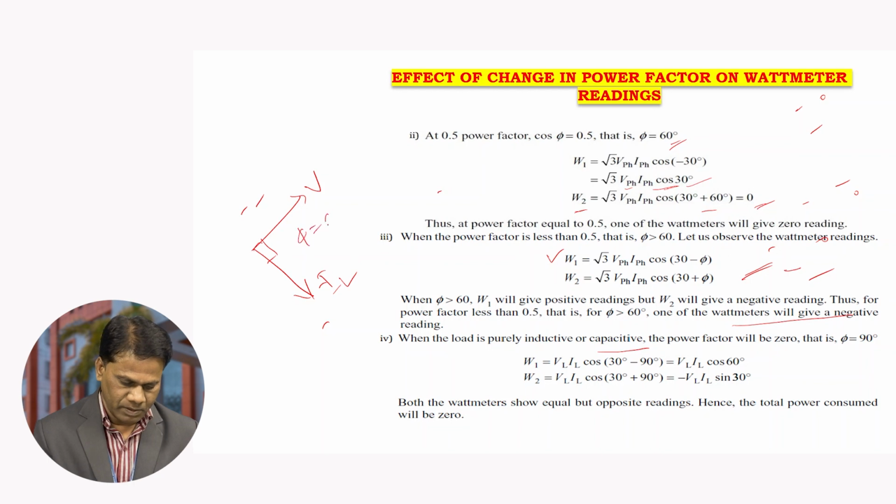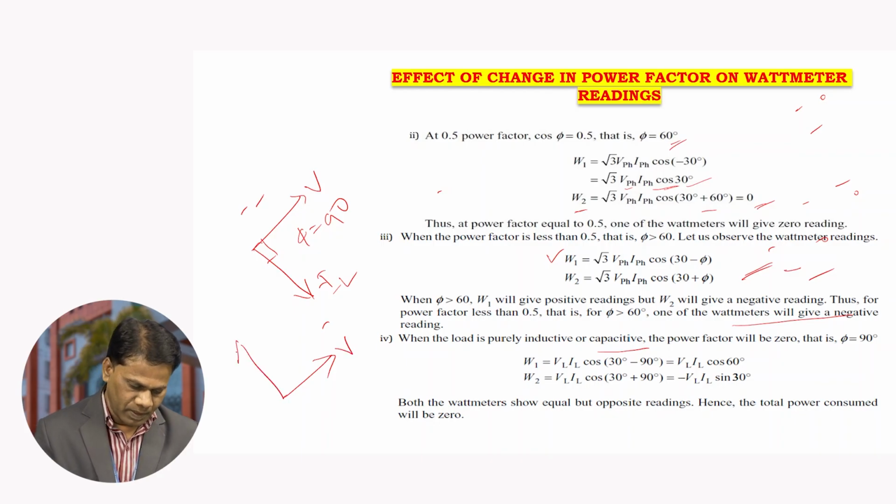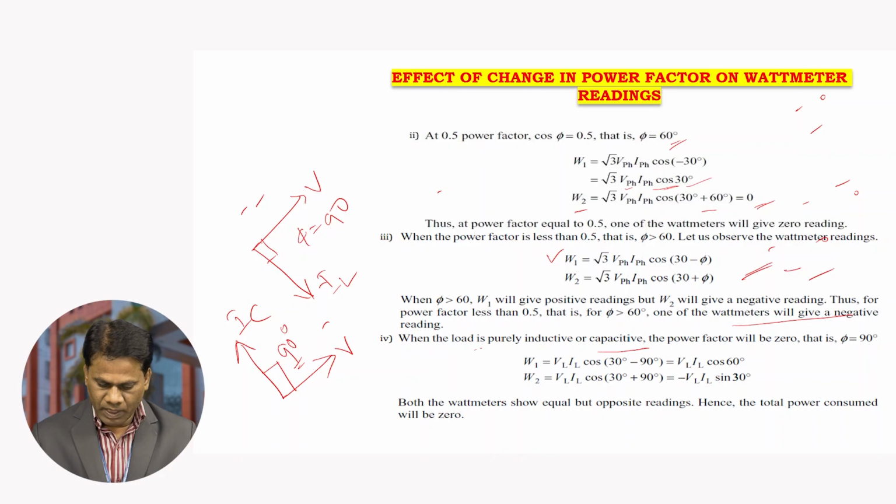The phi is equal to 90 degrees. Similarly, for a capacitive load, voltage is taken as a reference, current is leading with respect to voltage by 90 degrees. That means for a purely inductive load, the angle between voltage and current is 90 degrees.